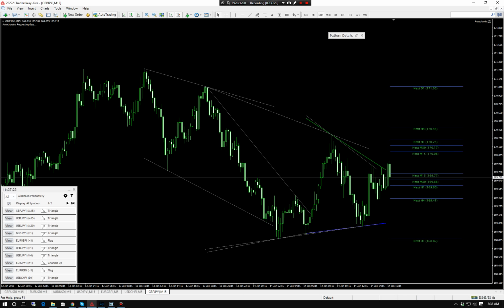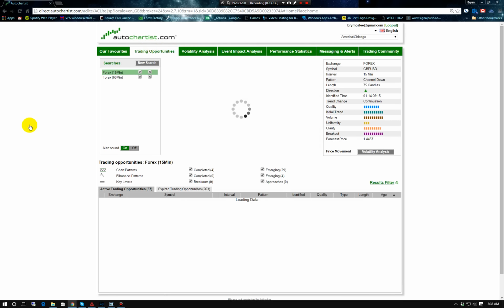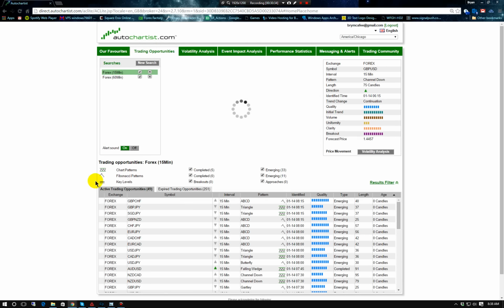Other than that, my general opinion of the website and everything is, and hopefully they do move down that line, I honestly think that it needs a little bit of work. This is a nice interface, but I don't like the fact that I have to jump over to performance statistics to check out a pattern.